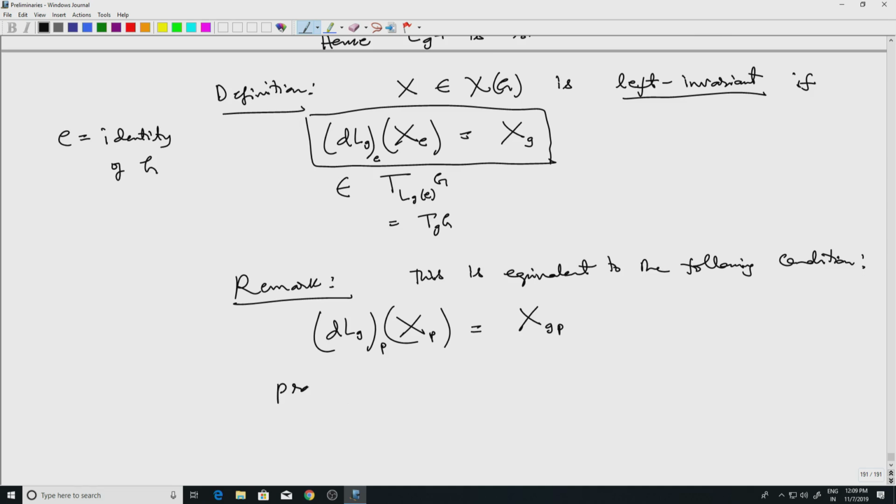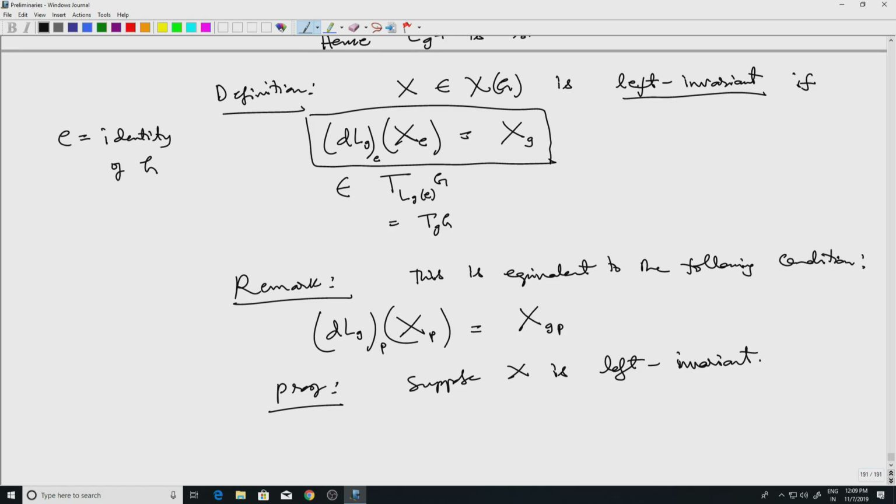I'll just quickly sketch this. As I said, this condition is more general than the original condition. So if I want to show that this is equivalent, let me start with the original condition and show this more general condition. So suppose X is left invariant as in the original definition.